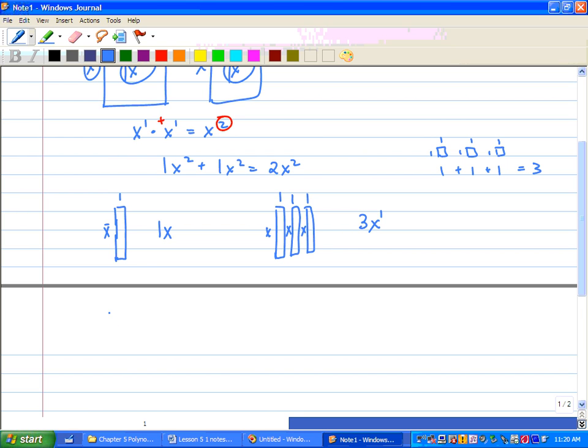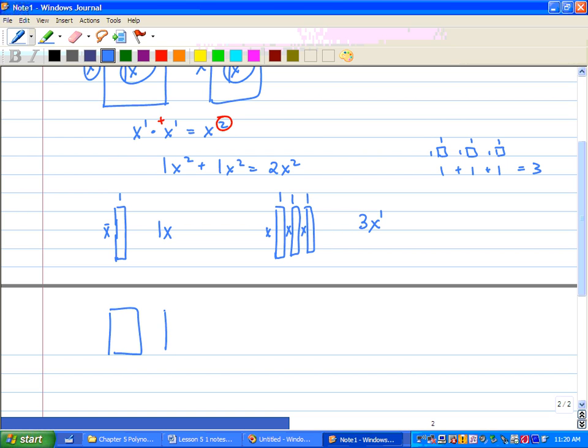So in the end, if we had two big boxes, 3 rectangles, x, x, x, and then 3 little boxes, 1 by 1, we actually get 2x squared plus 3x plus 3.